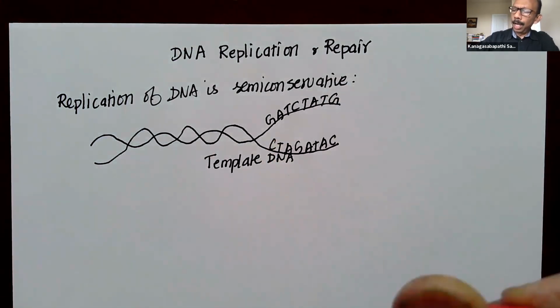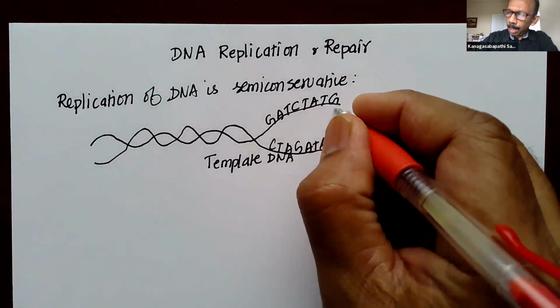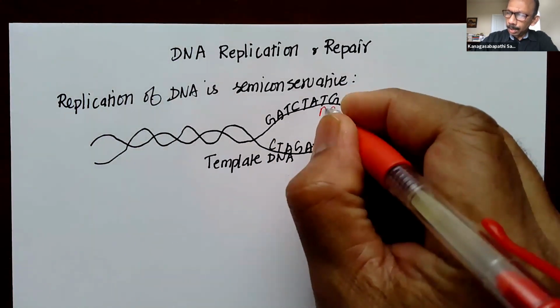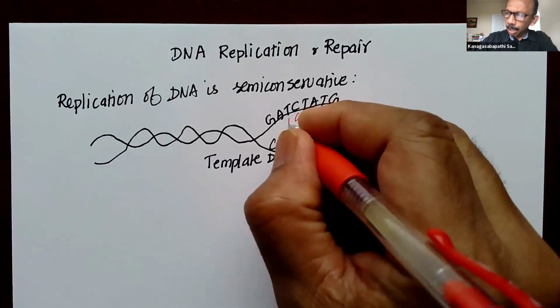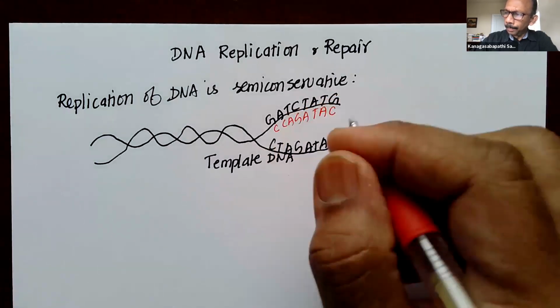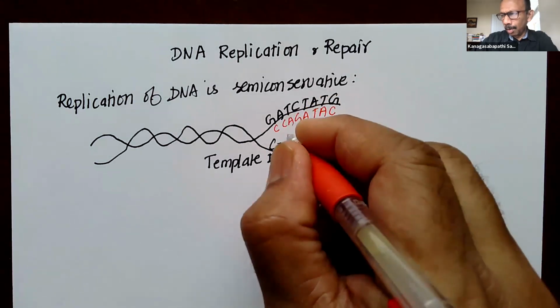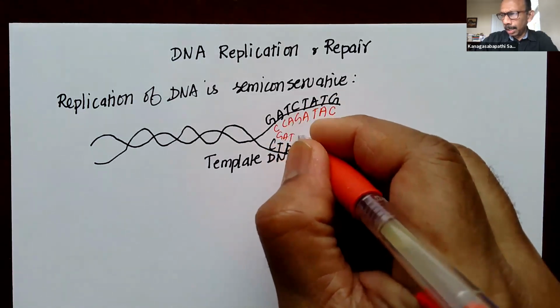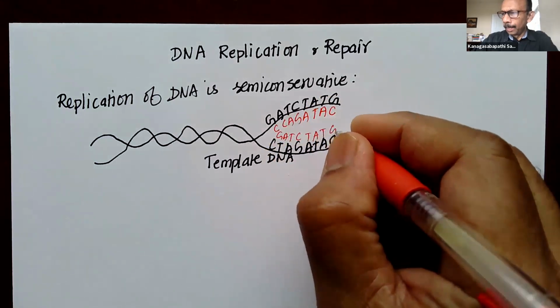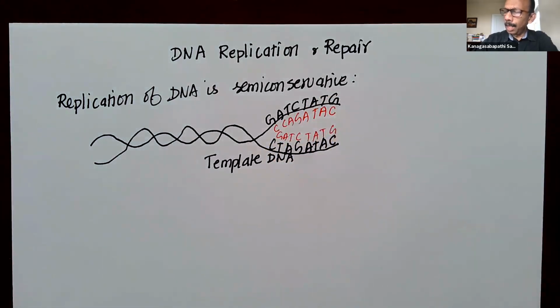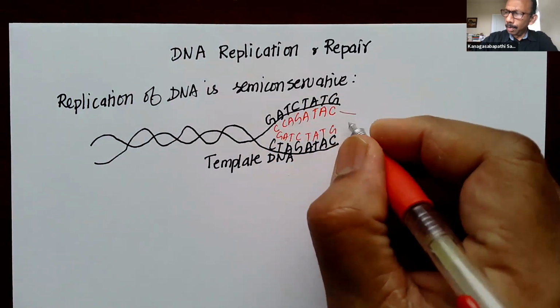So the new DNA that is going to be made will be the complement of this: CATAGACC, and in this case, this is going to be GATCTATG.